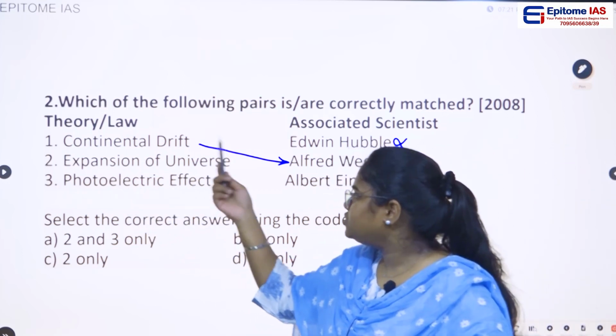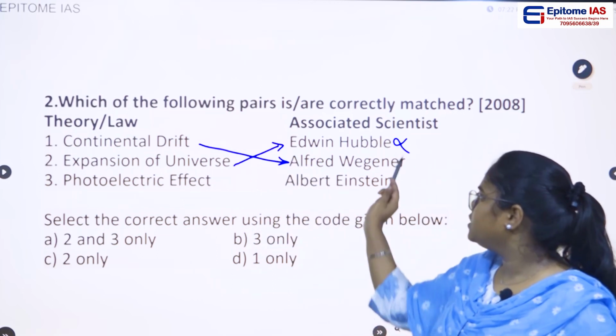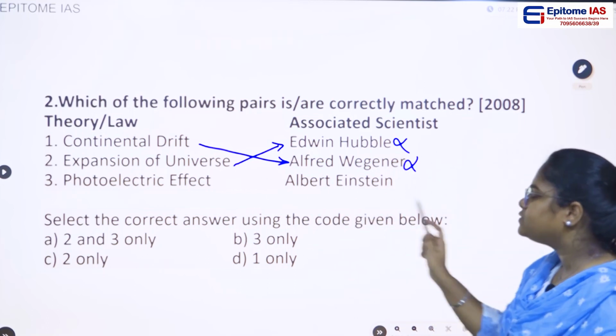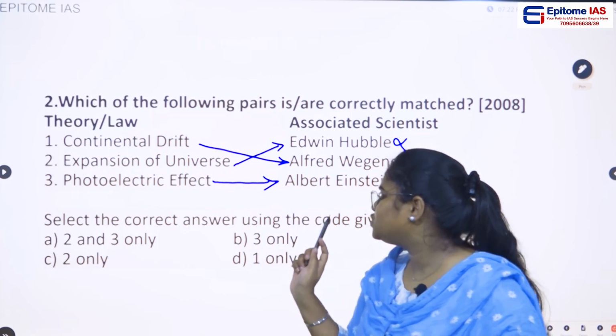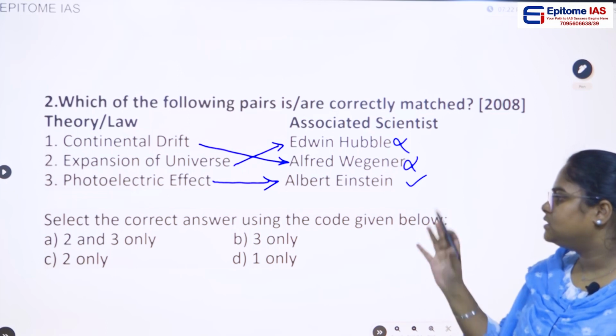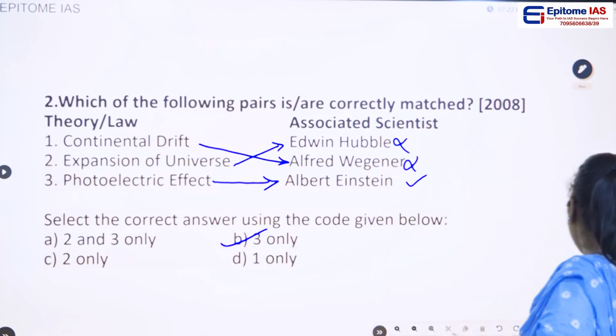The expansion of universe theory was actually related to Edwin Hubble, so this pair is also wrong. And the photoelectric effect is actually related to Albert Einstein, so this pair is correct. So what is the correct answer? The correct answer is B, 3 only.